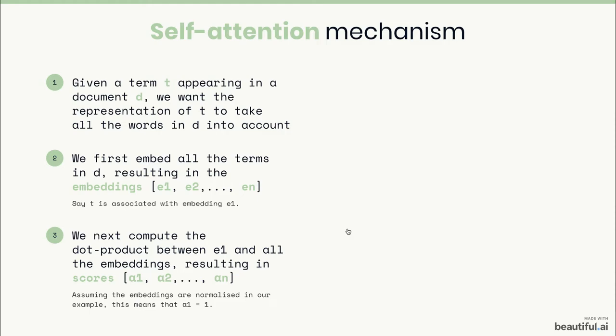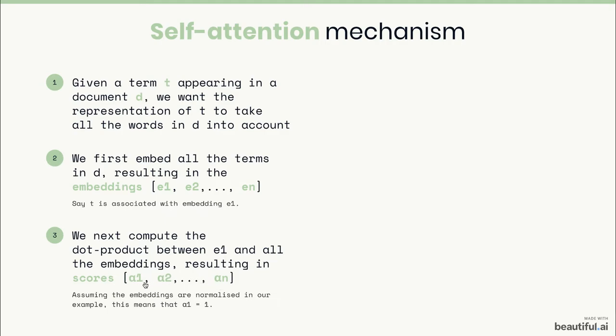Okay, so the next step is then to compute the dot product between E1, the first embedding associated to our term T, and all of the embeddings E1 up to En, resulting in some scores which we label alpha 1 up to alpha n.